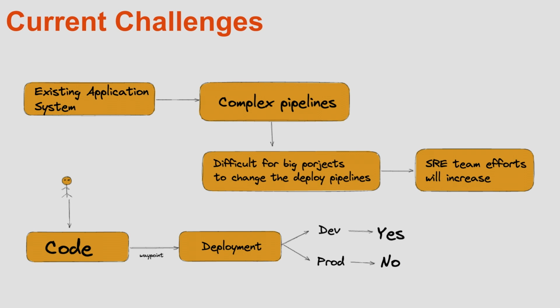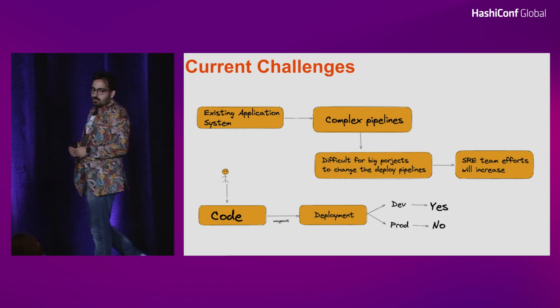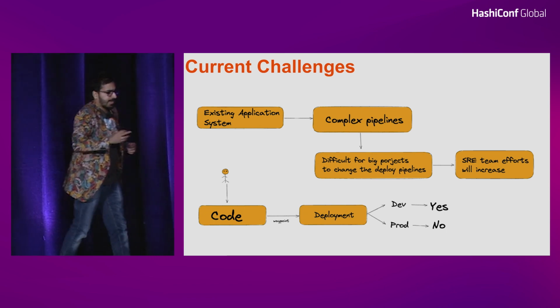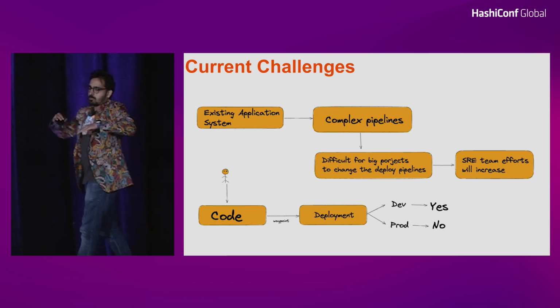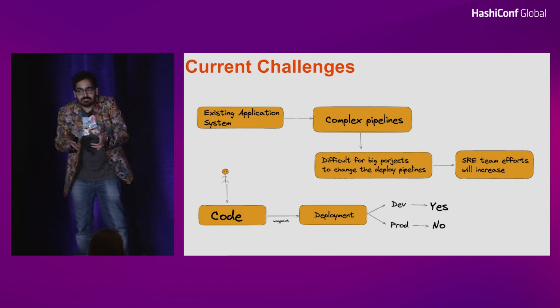And those complex pipelines are not that easy to replace with a tool because of various factors, because of security reasons, security audits, because of the SRE time that will be needed to regenerate everything, test out everything with Waypoint and then do that. So in these kinds of complex pipeline scenarios, Waypoint can be used in development, in my opinion, but not in production as it is, because those complex pipelines exist for a reason.